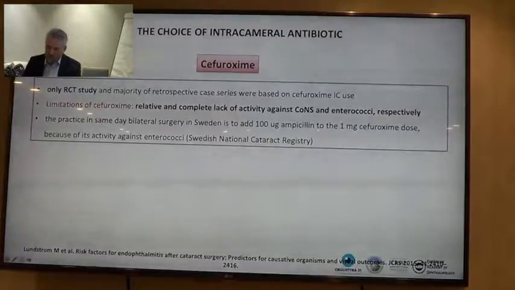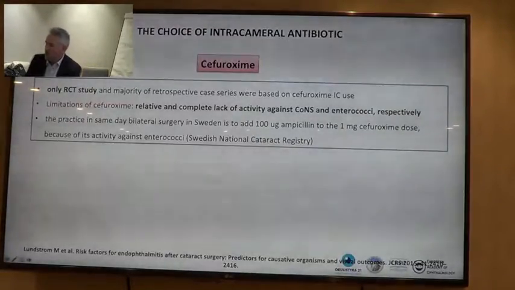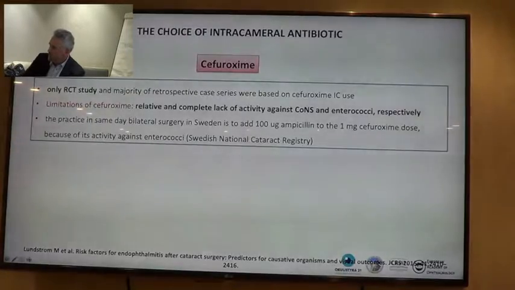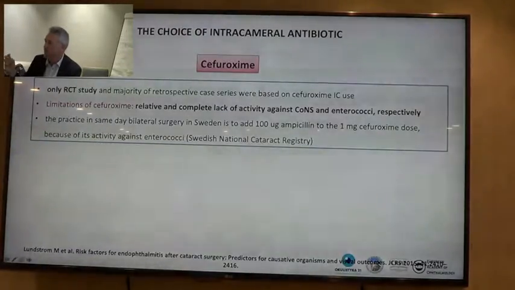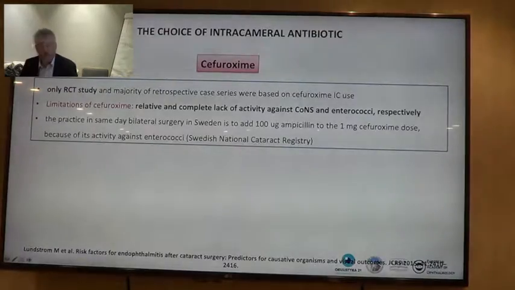And as you might know, in Sweden, they have the national register for cataract surgery and endophthalmitis cases. So they record every endophthalmitis case in Sweden, and they have a very good follow-up of cases.